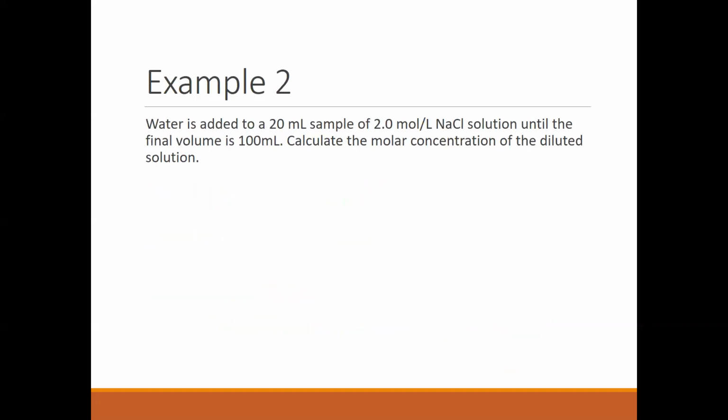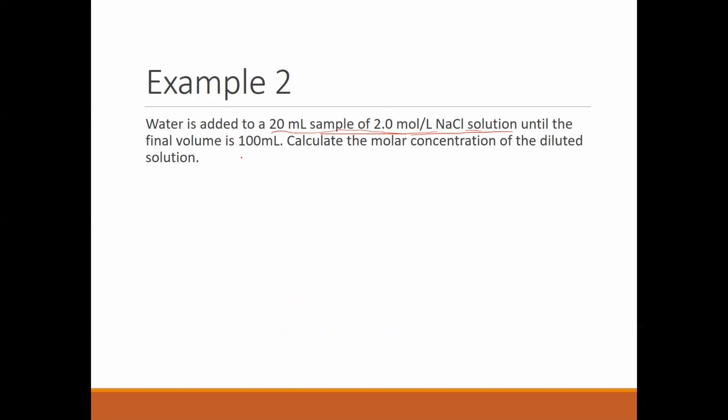Example 2. Water is added to a 20 milliliter sample of 2 mole per liter NaCl. So we have a sample solution of NaCl with a concentration of 2 mole per liter, and we have 20 milliliters of it.